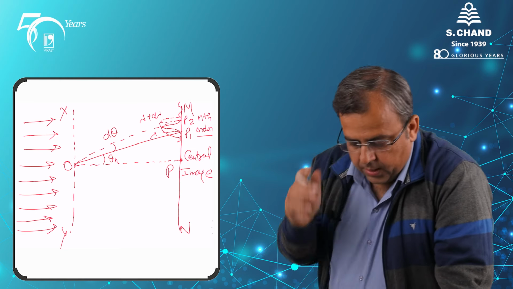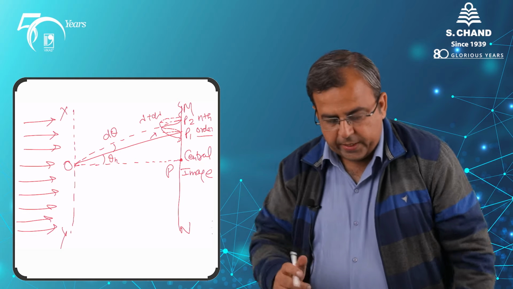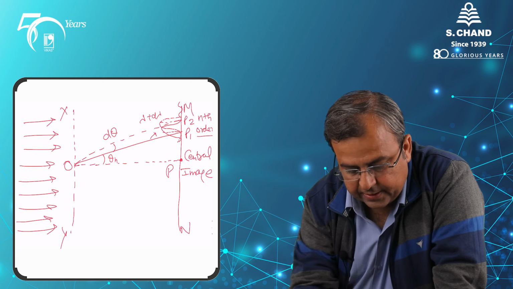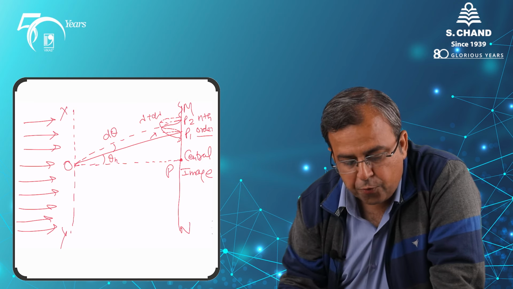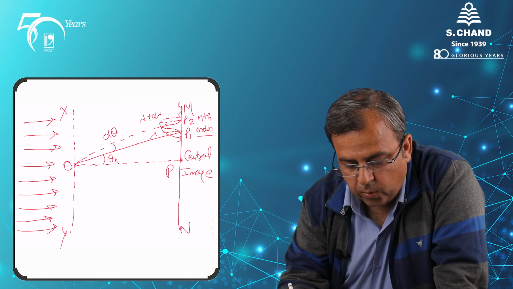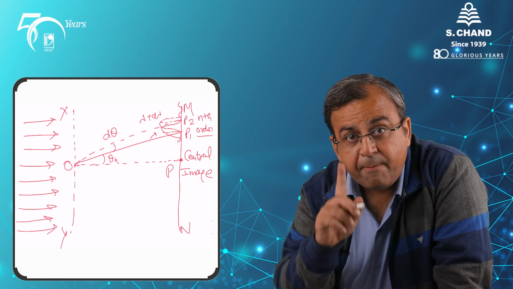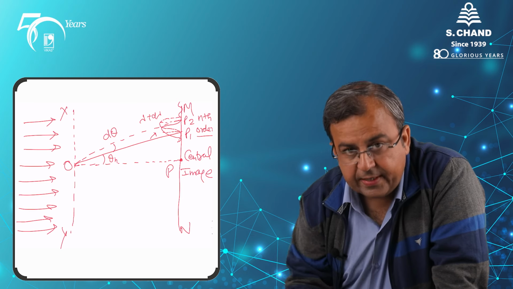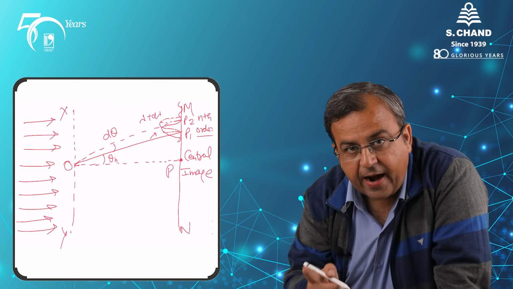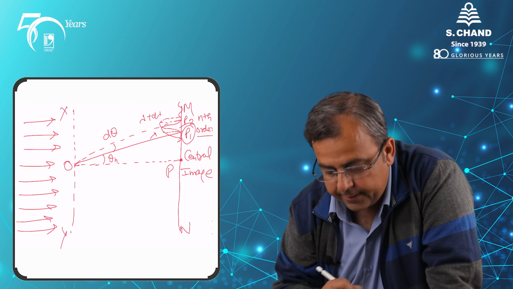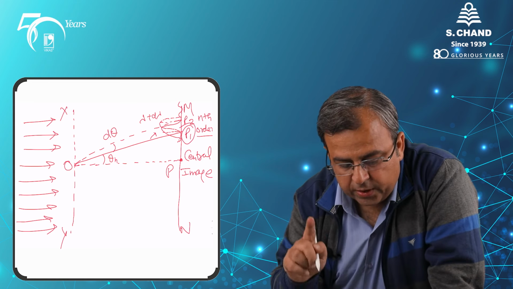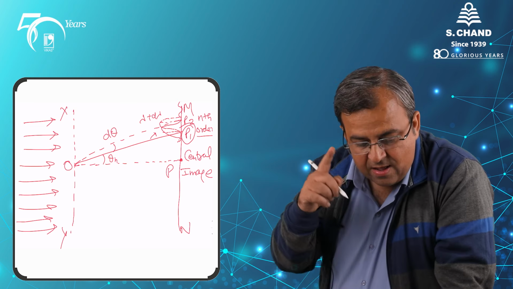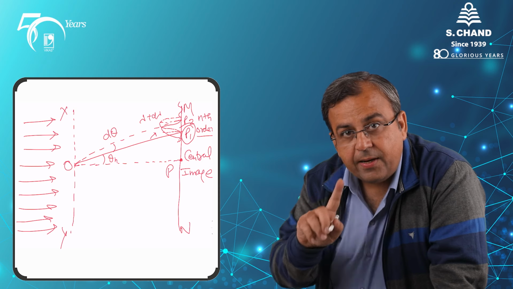Now, if you see this figure, just look onto the screen. XY is the grating surface, as it is clear. MN is the field of view of the telescope, right? P1 is the primary maximum of the spectral line of wavelength lambda at an angle of diffraction theta n. This is P1, right? What is P2? P2 is the nth primary maximum of a second spectral line of wavelength lambda plus d lambda.